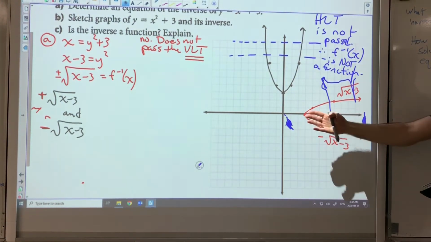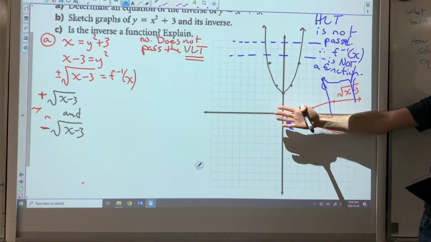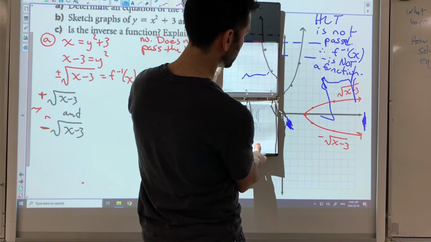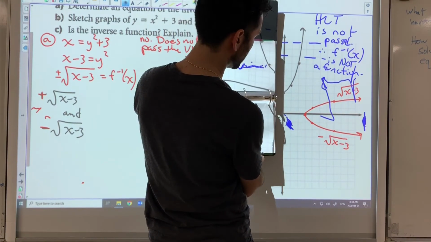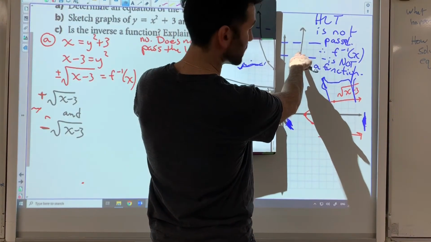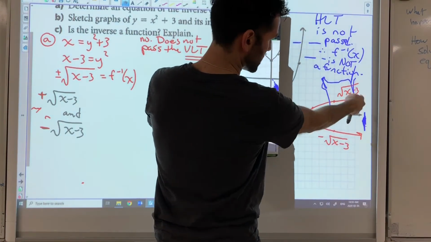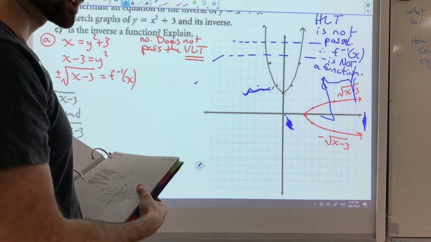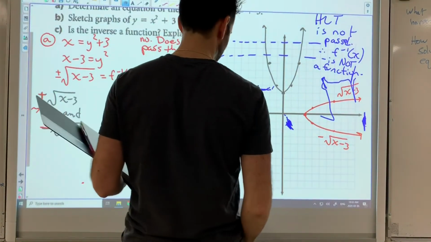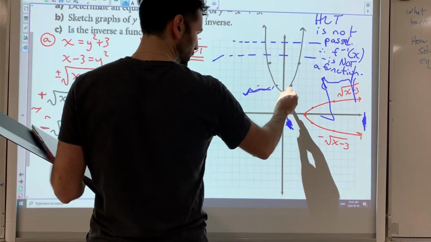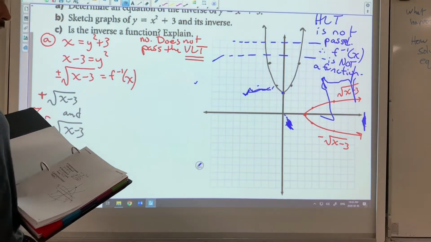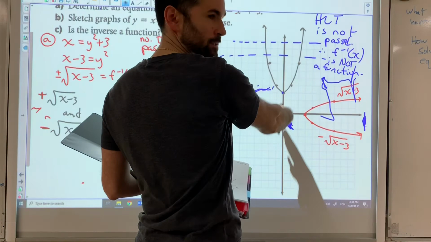So what we do is we basically cut the parabola in half. If you got rid of this half of the parabola and just did the inverse of this, you would get this piece. So sometimes they'll ask you to restrict the domain so that the inverse is a function. Now we always do it at the vertex because that's where the parabola is symmetrical around the axis of symmetry.